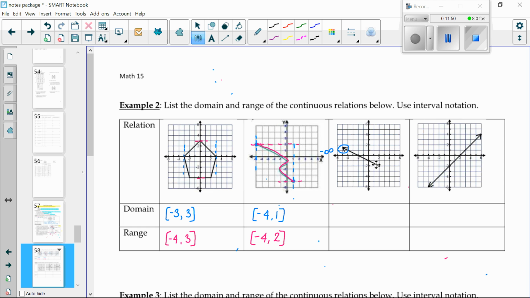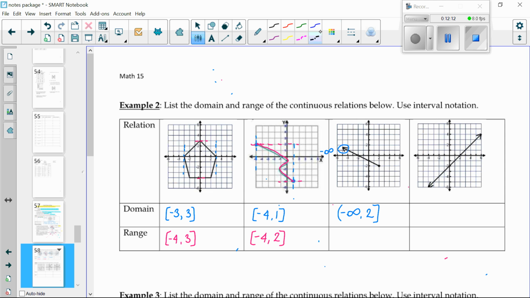Okay, my highest value is at +2. So I'm going to use a round bracket, -infinity up to +2. Close my bracket because that circle is closed. Let me erase it so you can see again. Okay, so if you notice, the point is closed.